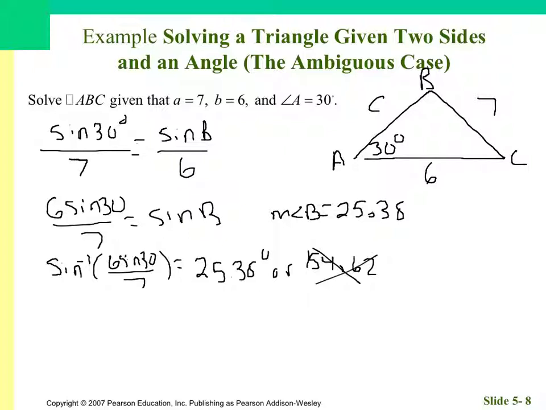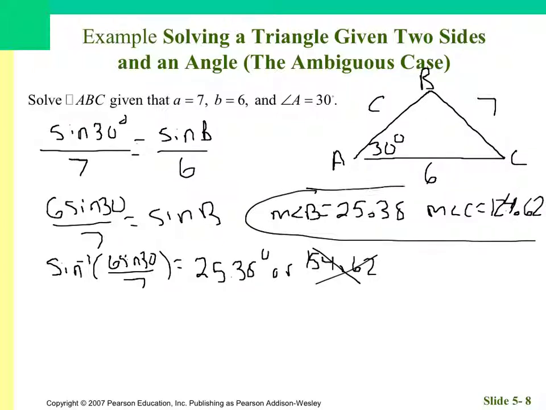So then you know the measure of angle C is 124.62. Now we just need to find side c.